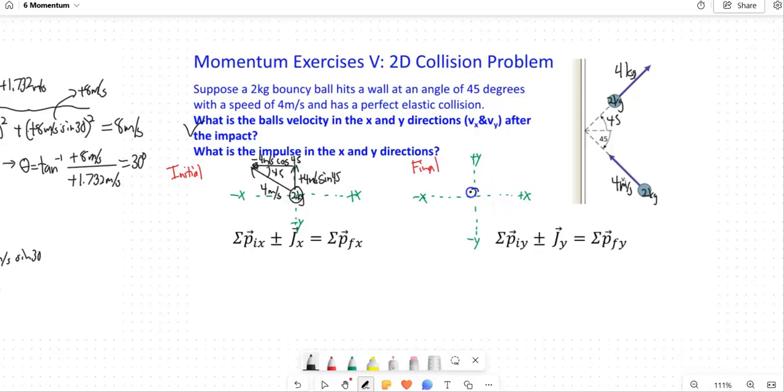After the impact, it's moving up and to the right now at 45 degrees. So now this is the angle 45 degrees, and this is 4 meters per second.